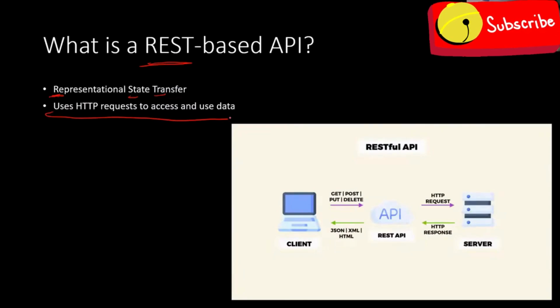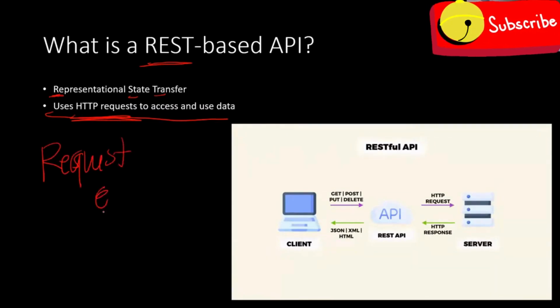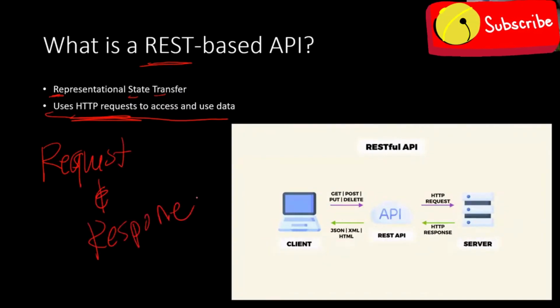That URL is called a request, like an HTTP request. We're going to request some data, and when the data is sent back to us, it's going to be called a response. So request and response, okay? That's how that works.